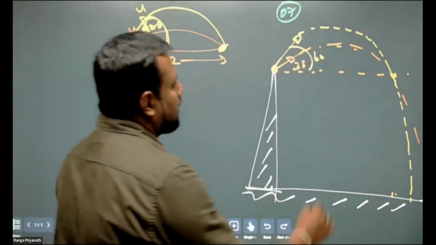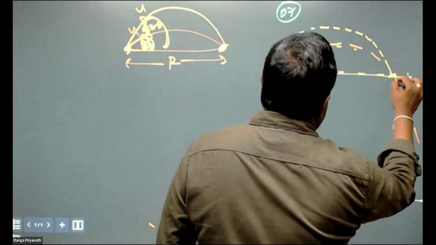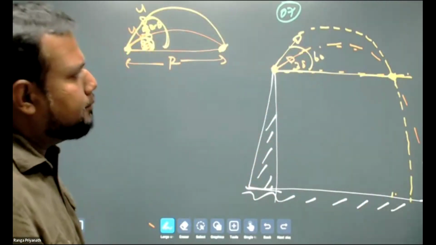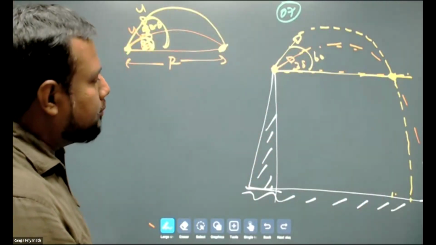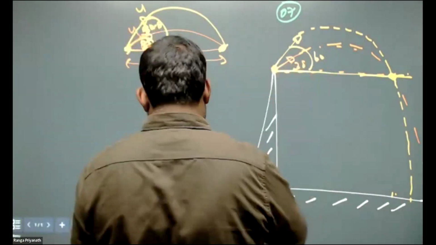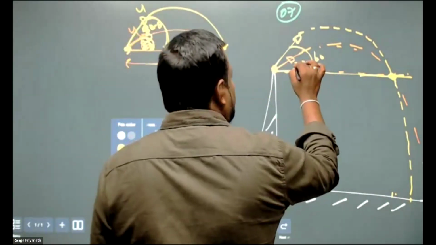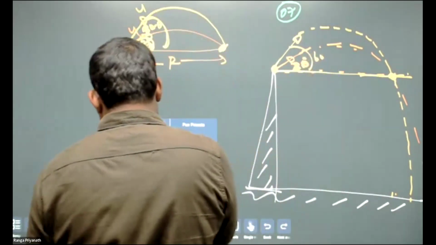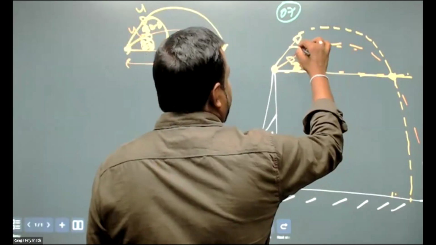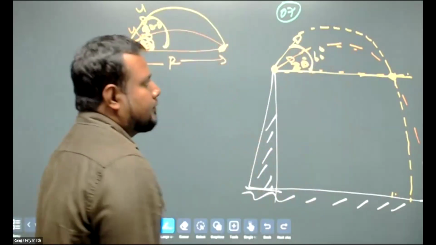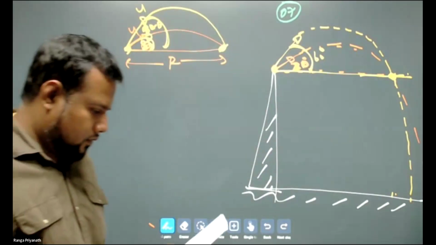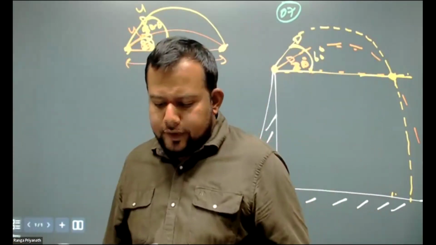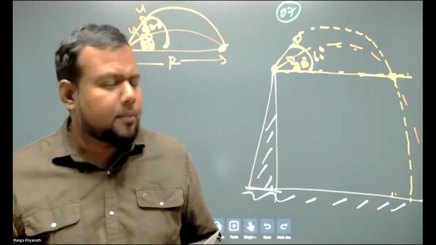Remember, the balls pass through the same point, not at the same time. This is 30 degrees, and this is 60 degrees. Now, the statement: both balls reach the maximum height at the same instant.